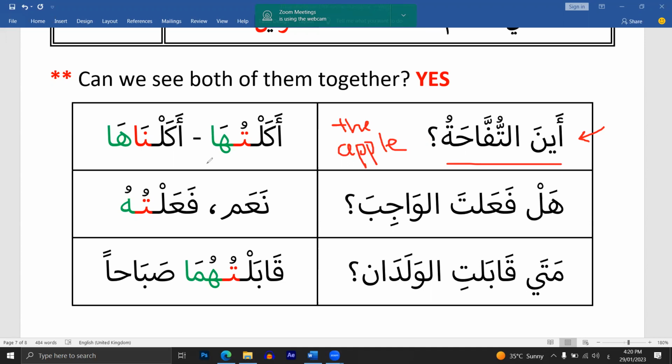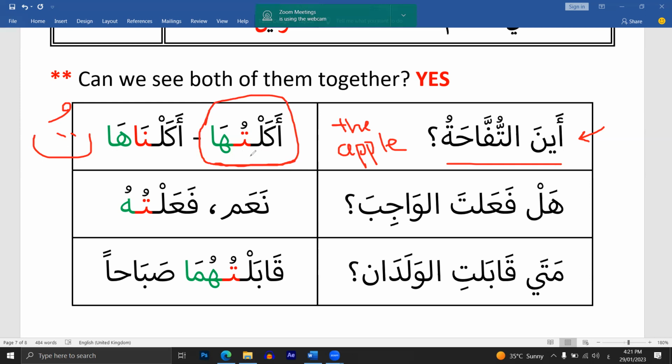أكلتها، أكلناها. Okay, the first one here, أكلتها. What is the meaning? No, I ate it. Yes, I ate it. We said once we have تاء الفاعل like this with ضمة, it means it replaces the pronoun I. So the translation of this word is, I ate it, right?